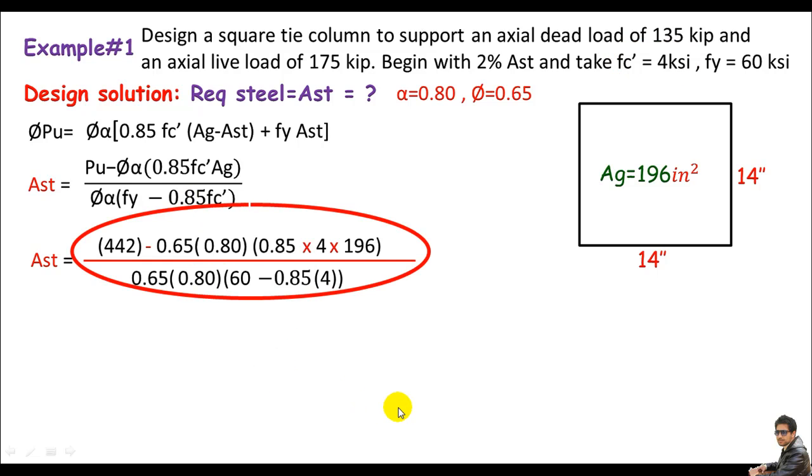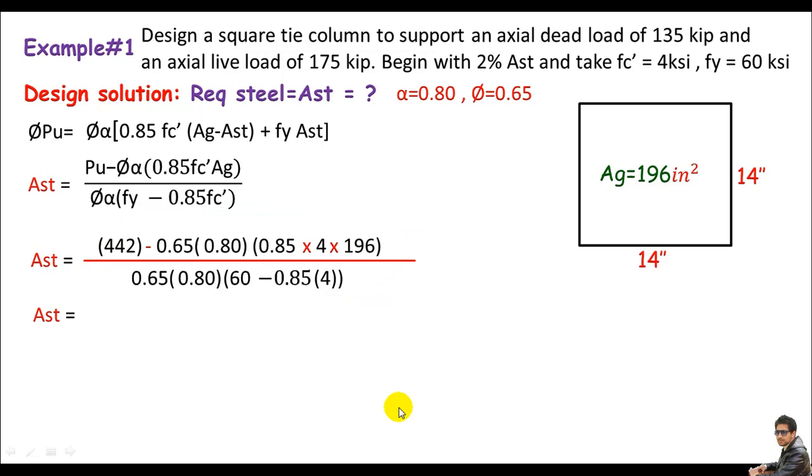Doing the mathematics, you get the area of steel for this column as 3.24 square inches. This is good, and this will help me find the number of bars for this column.